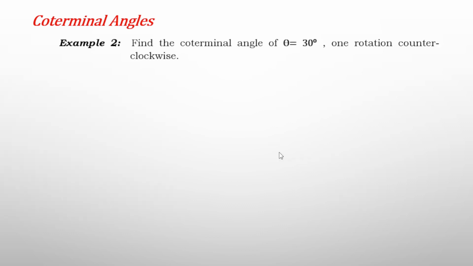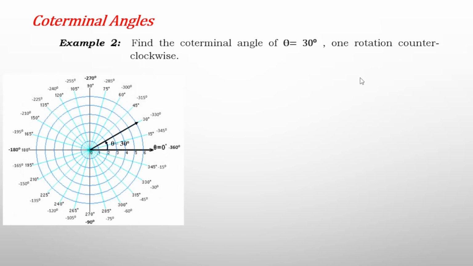Example number 2: find the coterminal angle of 30 degrees with one rotation counterclockwise. Still, this is our graph, the 30-degree angle. Given theta is 30 degrees, and n is positive 1, because it is one rotation counterclockwise.